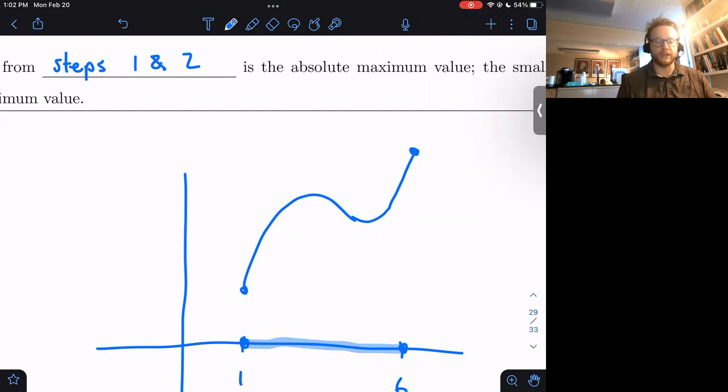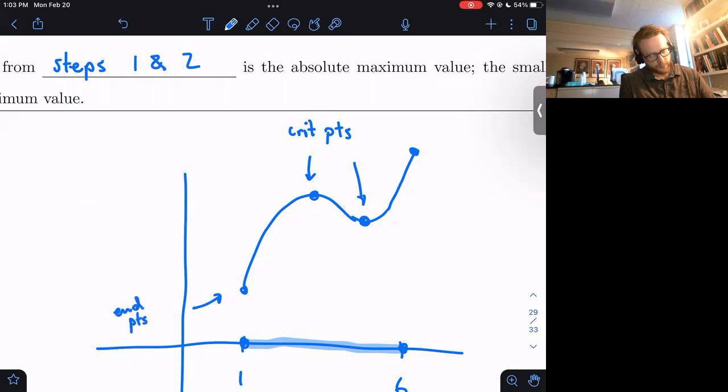So in our Calculus 1 days, we would find our critical points. So here and here are critical points. But then remember, you also need to include the endpoints. So we'll have our endpoints, and these could also be mins and maxes.